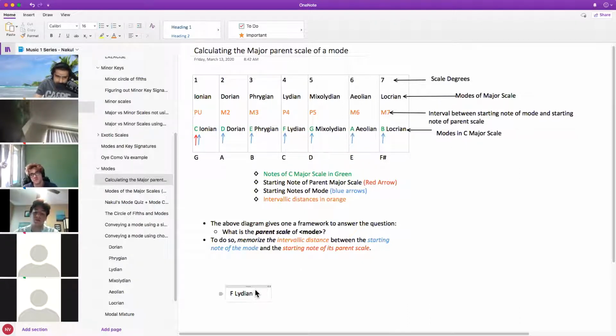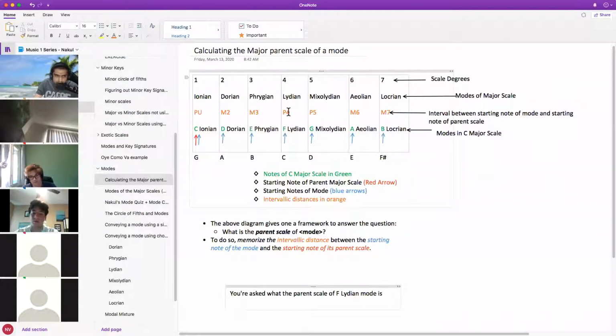So back to the original problem. You're given F Lydian. You're asked what the parent scale of F Lydian mode is. In order to do that, you have to know the interval between the starting note of the mode and the starting note of the parent scale. So here's what that means.